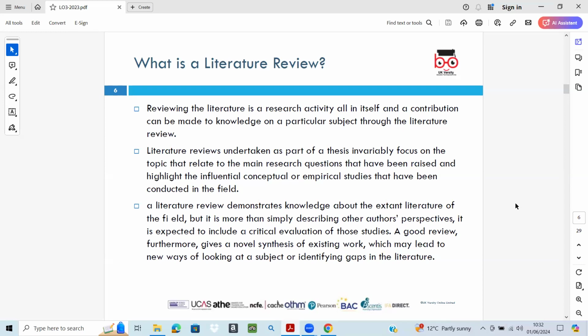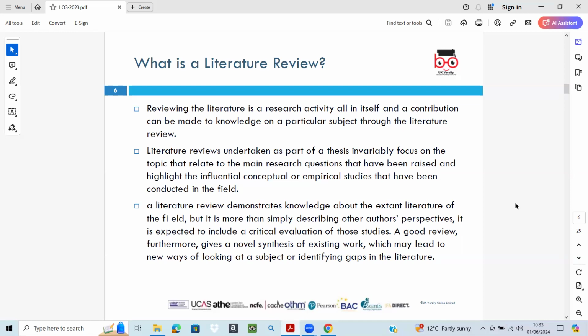Then we have demonstration of knowledge and critical evaluation. A literature review demonstrates knowledge of the extant literature of that field, but it is more than simply describing other authors' perspectives, and it is expected to include a critical evaluation of those studies.